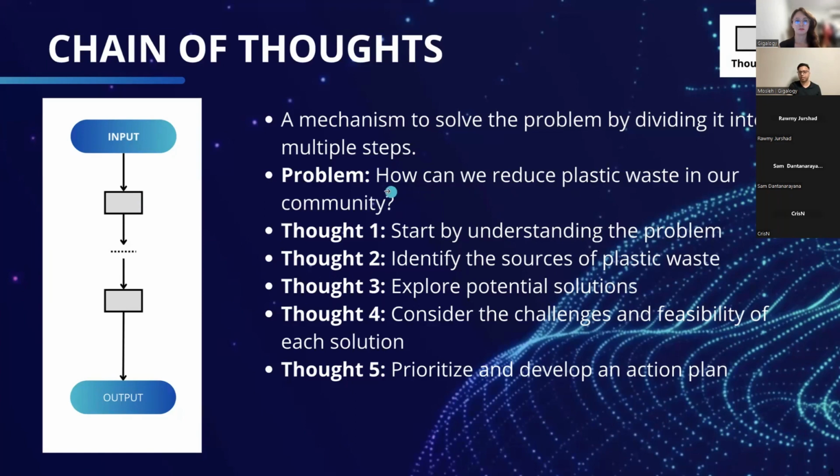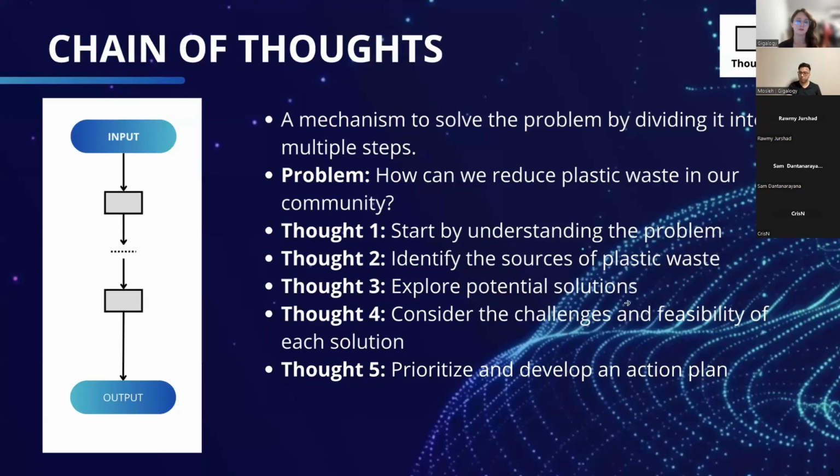Let's say you ask the model, how can we reduce plastic waste in our community? Then instead of just giving an answer, the first thought would be, let's start by understanding the problem. Why is plastic waste a problem? Second, identifying the sources of the plastic waste. What are the sources that usually generate plastic waste?